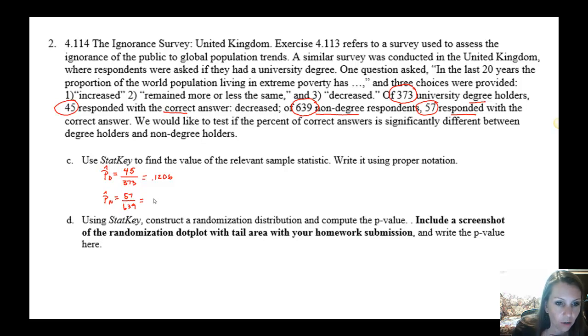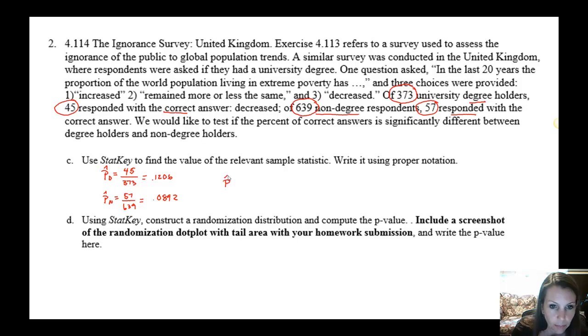So 57 over 639 is going to be 0.0892. Now because I'm comparing the 2 proportions, the appropriate sample statistic is the difference in the sample proportions.